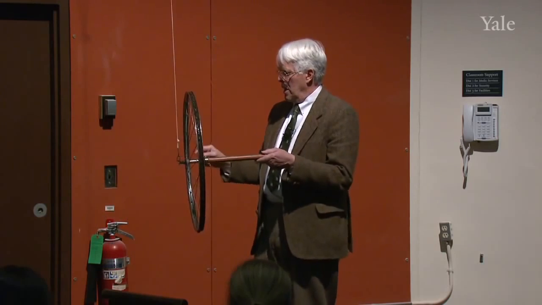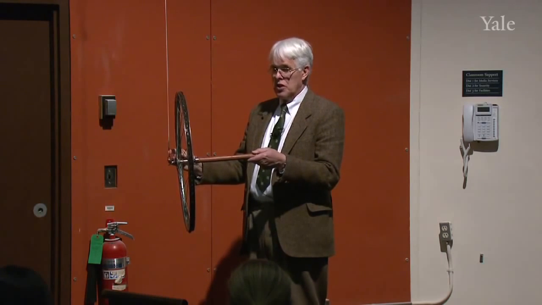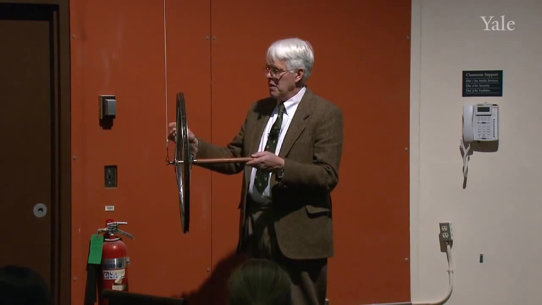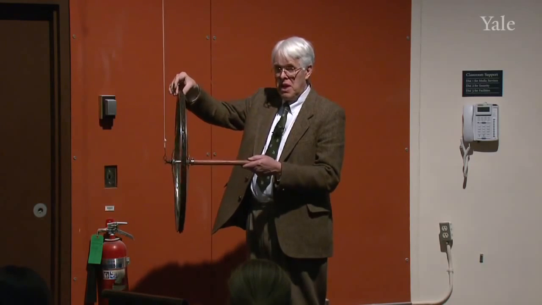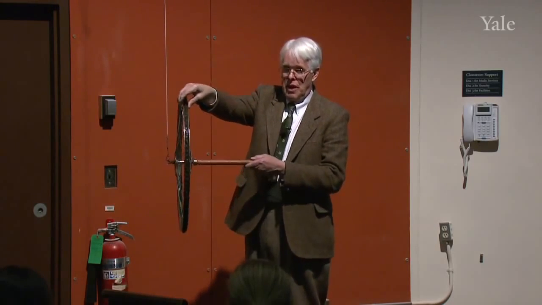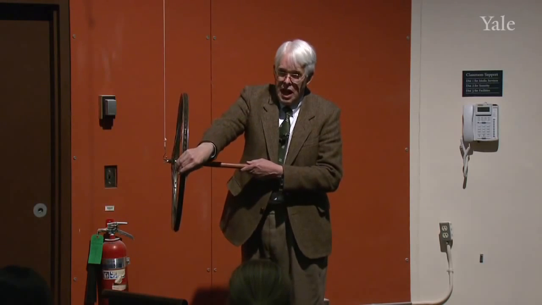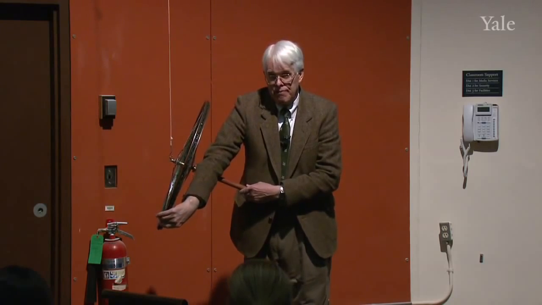Okay, so let's take a point on the rim. Here it feels no force at all because it's moving neither right nor left, right? As it goes up, it gets more and more force to the right. Still more force to the right, more force to the right. Now less force to the right, less, 0. And now it feels a force to the left, right, as I let go.